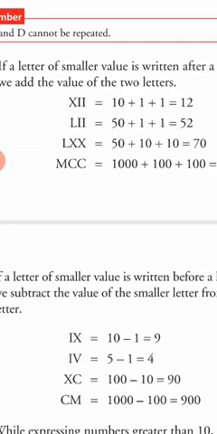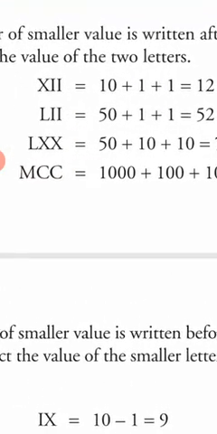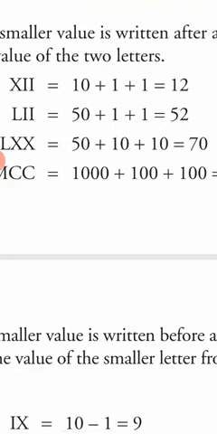Let us understand this with these examples. Now the very first example is 12. So it is XII. Now here you can see that among X and I, X has the greater value because X represents the number 10, whereas I represents the number 1.